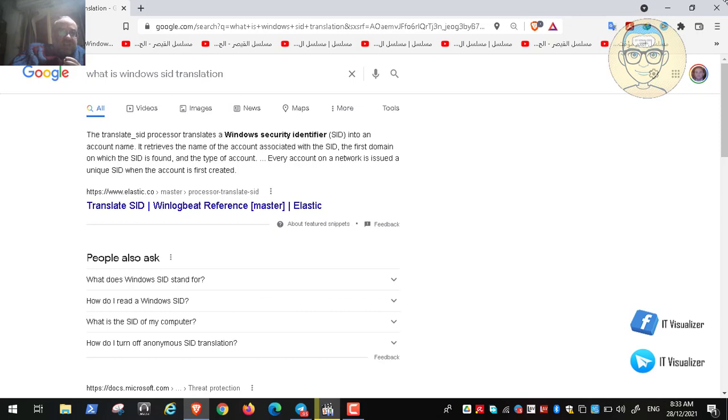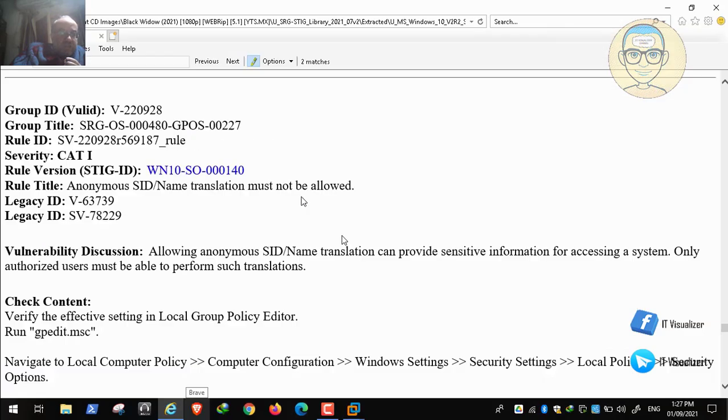Translation of SID means to get the number and change it to a name. It retrieves the name of the account associated with the SID. Here it is saying that anonymous means unknown SIDs. I have shown you before in some videos that sometimes in the Active Directory we don't see a name.